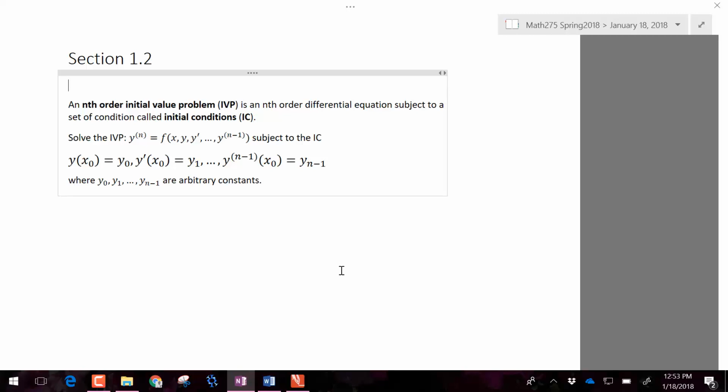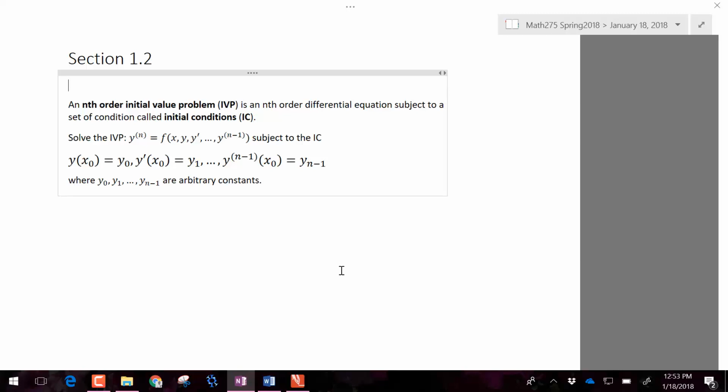Now, if you look at this, this is an nth order differential equation, and how many initial conditions are we looking at? Can you read this? Is this too mathy for you?